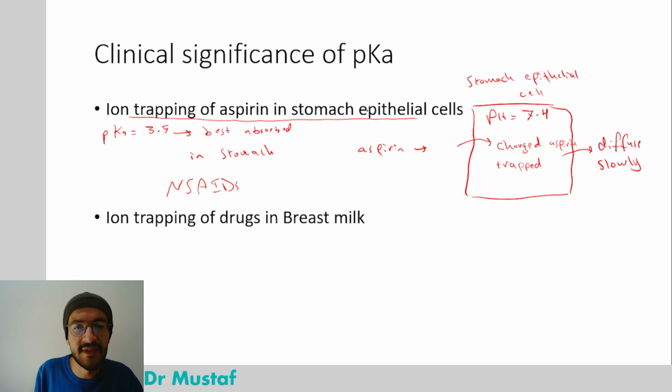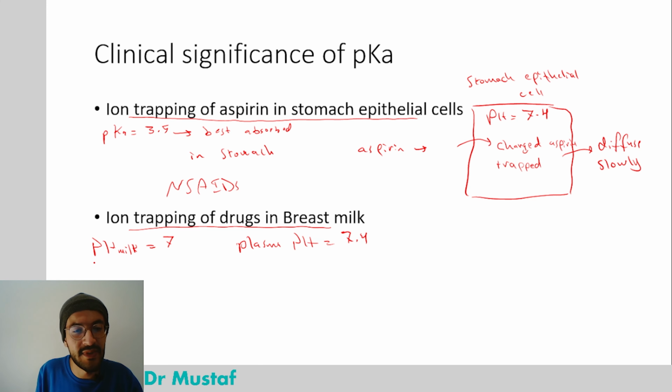Also, in the clinical significance of the pKa, we have the ion trapping of drugs in the breast milk. The breast milk has a pH of 7, which is relatively acidic compared with the pH of plasma. So plasma pH is equal to 7.4.